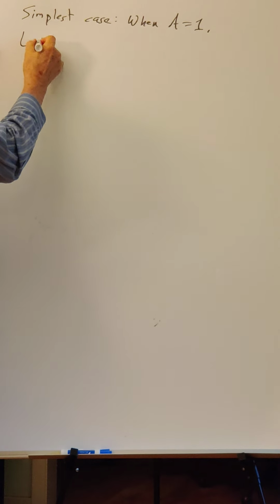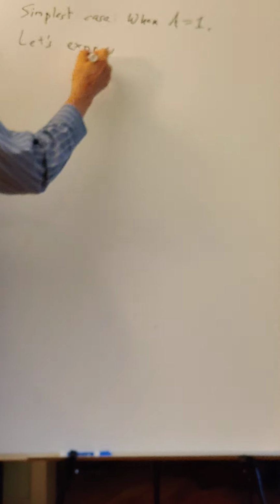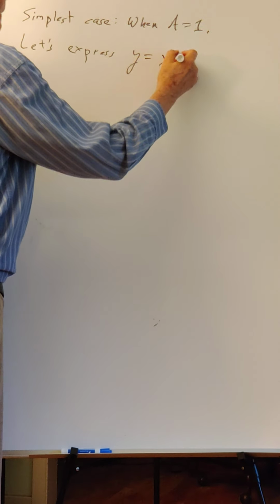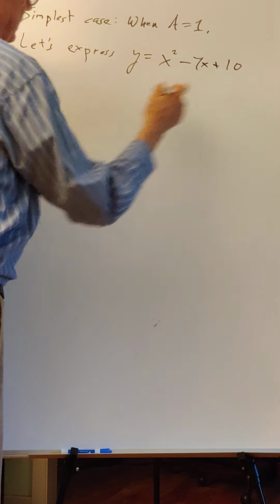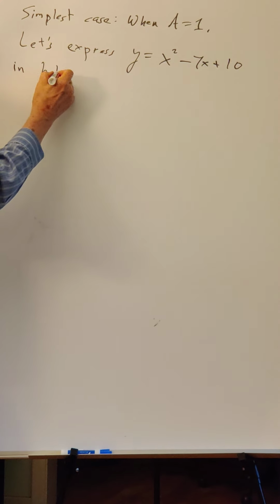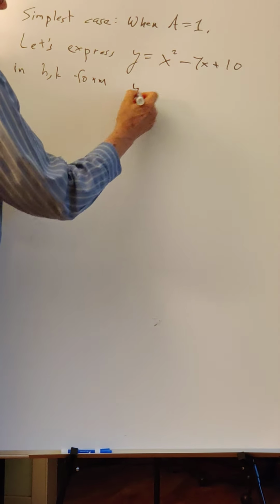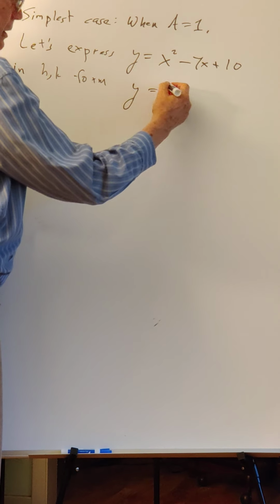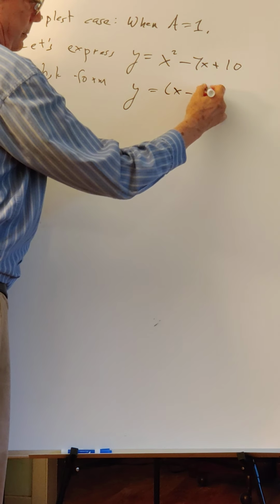So let's express y equals x squared minus 7x plus 10 in HK form. So we're aiming for a form like this. So since a is 1, it's even simpler than it was a minute ago. x minus h squared plus k.